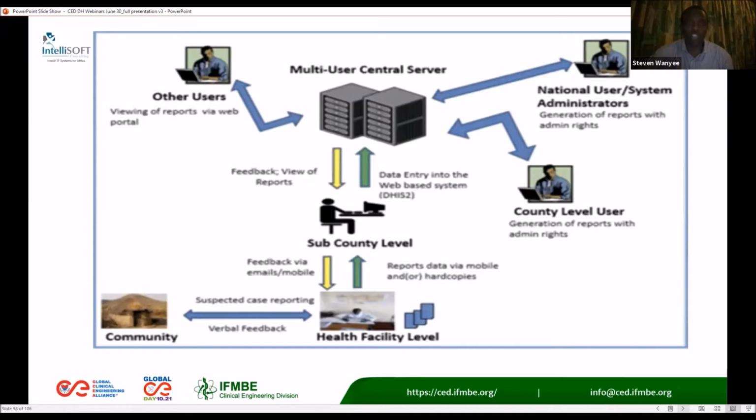So this is the typical layout of a country like Kenya, and the health system is treated that way. The reason I'm showing this slide is to show you how data flows back and forth. This is also the way the digital health solutions being implemented and developed in these times of COVID are deployed, and therefore the data flows follow the same pathways. Next slide, please.